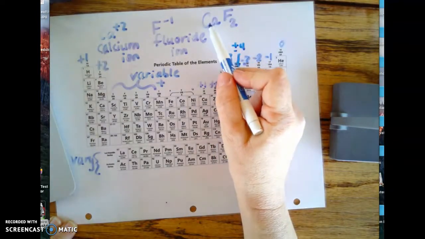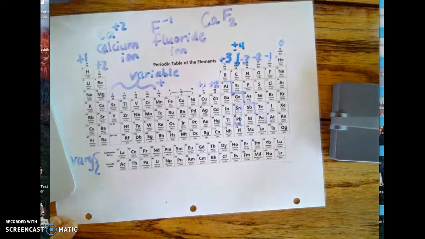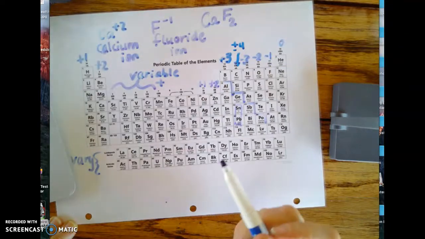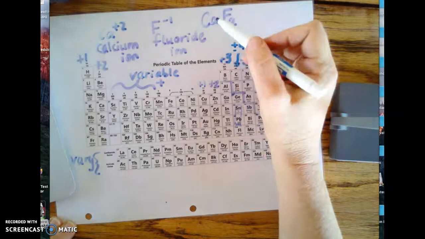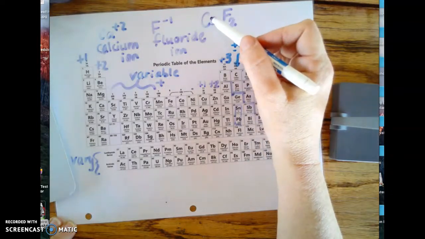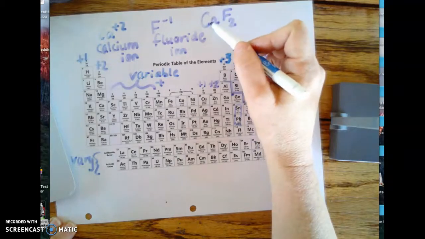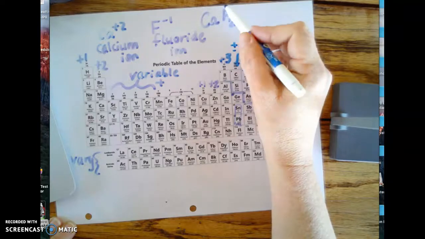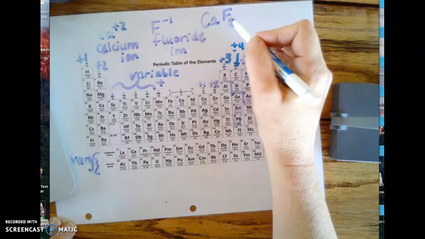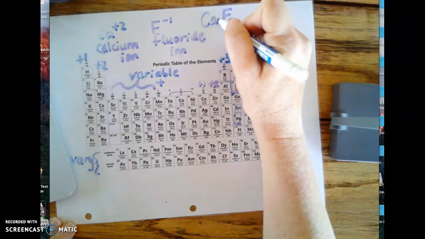And then I don't show any of the charges in the overall molecule. The charges are balanced. They are not shown in the formula of the compound. We don't really call those molecules, but that's a lesson for a different day. So your salt formula here, your calcium metal cation, your fluoride nonmetal anion, 2 of those to every 1 calcium. When you need 1 of something in your formula, the 1 is understood.